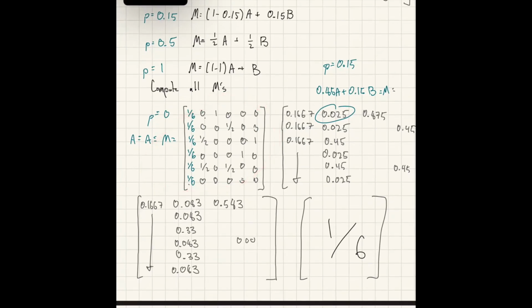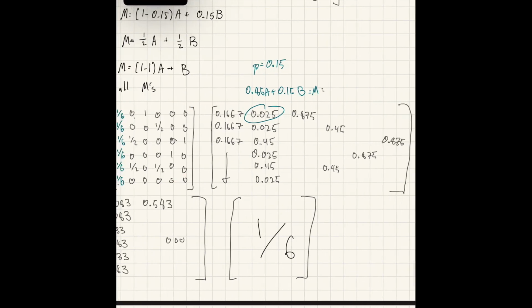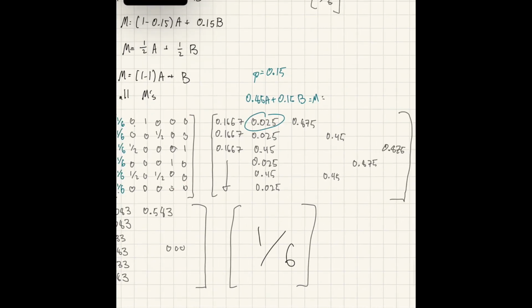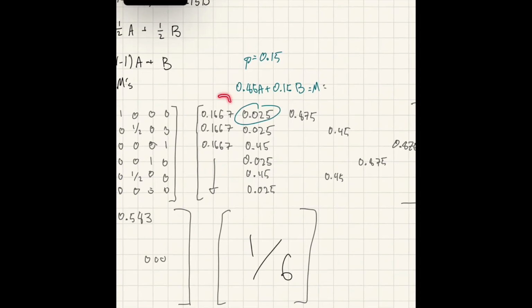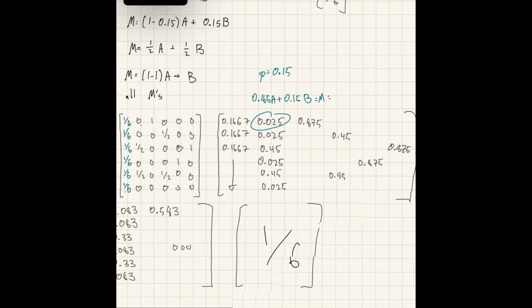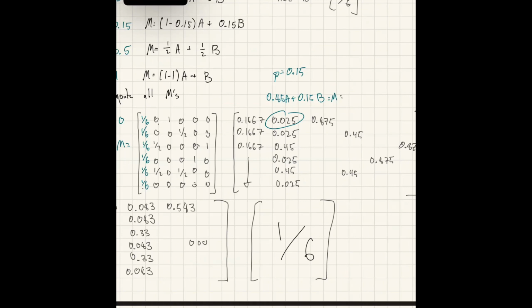And then if the damping factor is 0.15, you get 0.85A plus 0.15B. Again, we can see this row stays because everything's already equally distributed. For the next row, we go from 0, 0, 1 half, 0, 1 half, 0 to 0.025, 0.025, 0.025, 0.025.